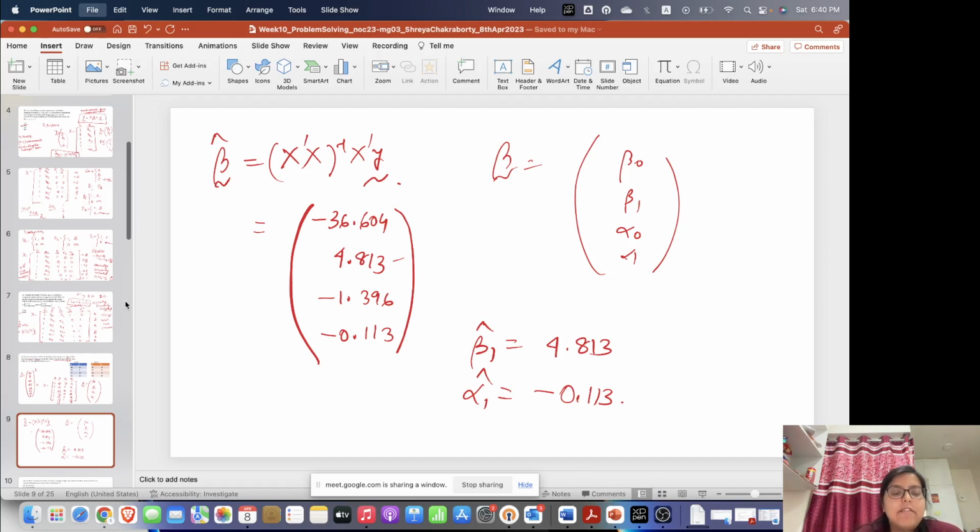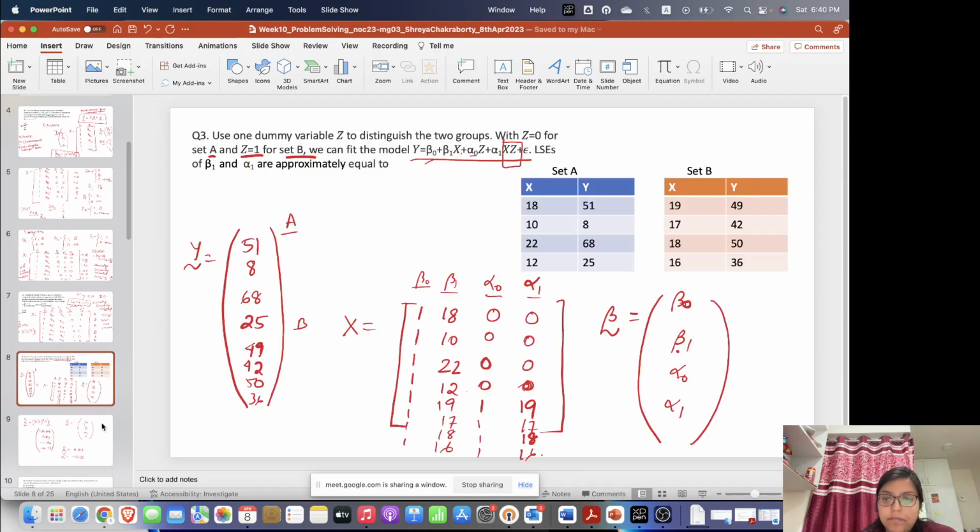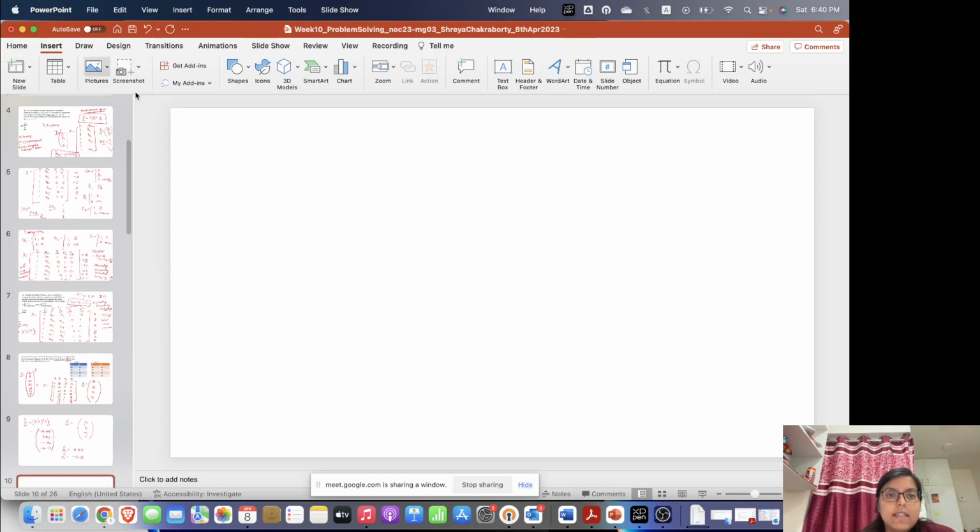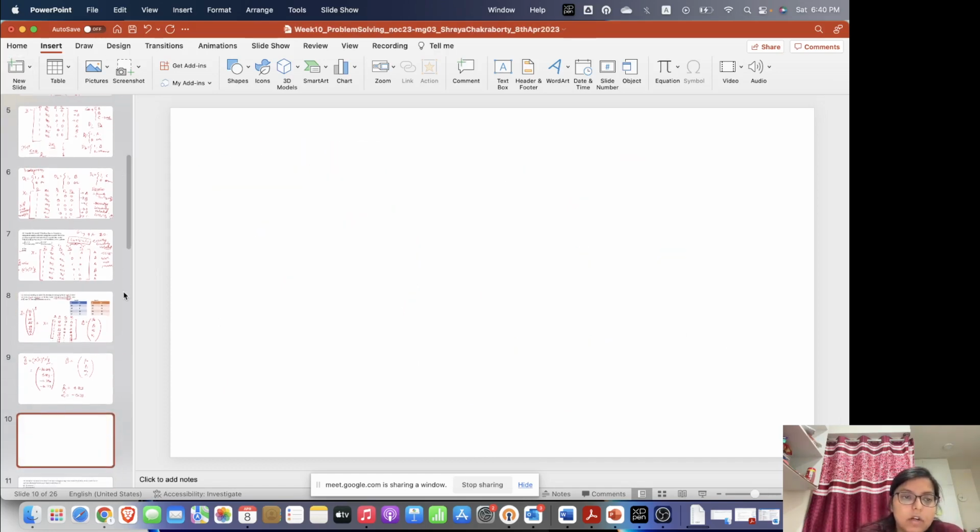So now we have fit this model. Now what does this imply in terms of these things? So if we have a model like this, let's say the model was beta naught plus beta 1x plus alpha naught z plus alpha 1 xz plus epsilon. So for category A, the z's would be 0.